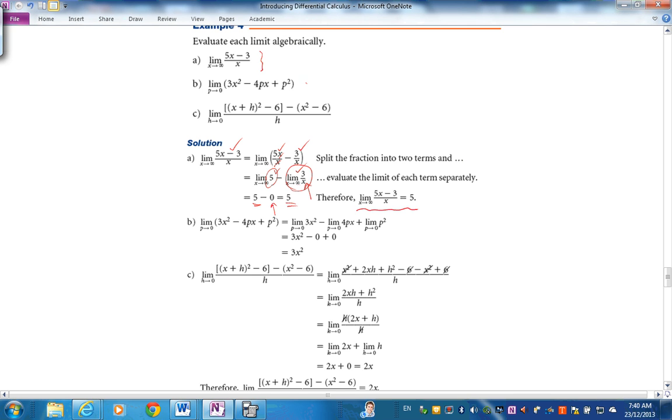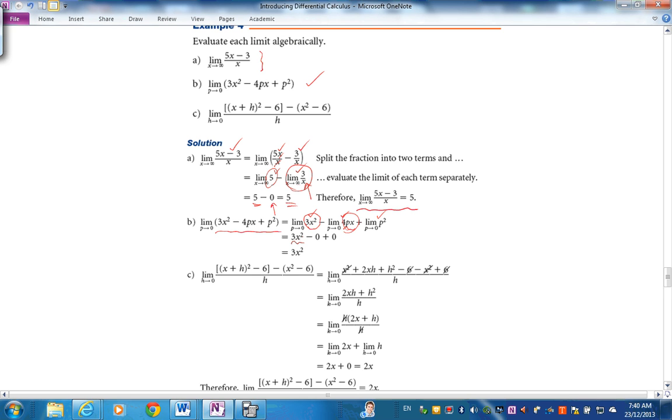What about this one up here? p tending to 0. Well, there's our expression. Let's take it term by term. The limit of the whole expression is the limit as p tends to 0 of this bit, and of this bit. Now this is independent of p, there's no p in there. So it's just going to be tending to 3x squared. What's this going to be if you put p as 0 in there?